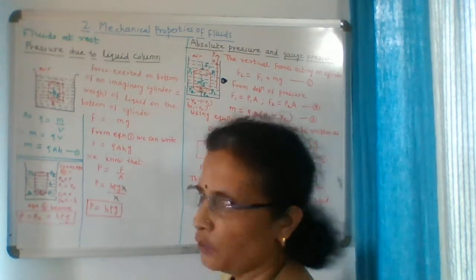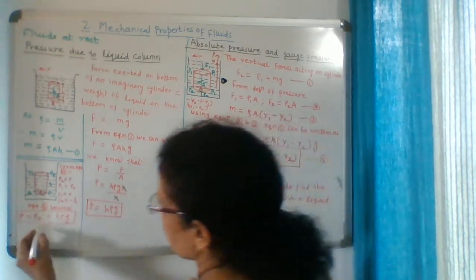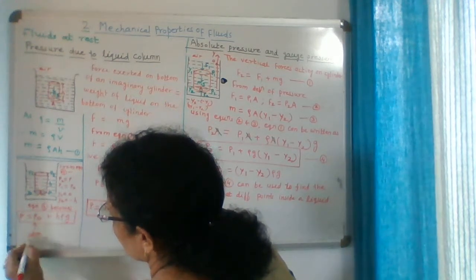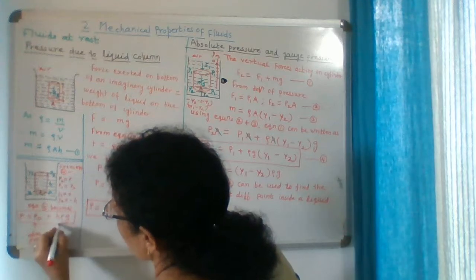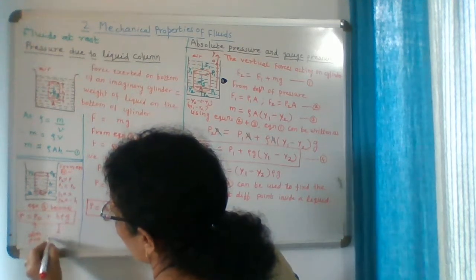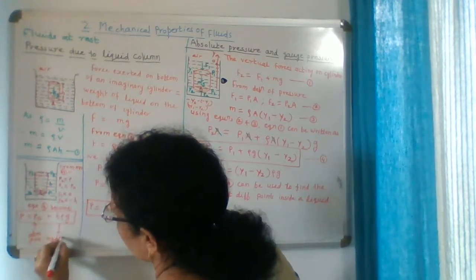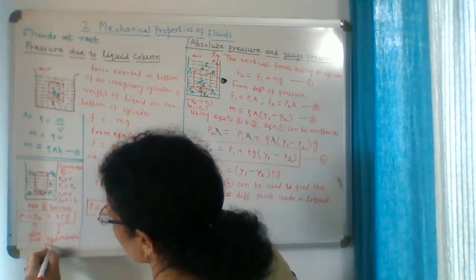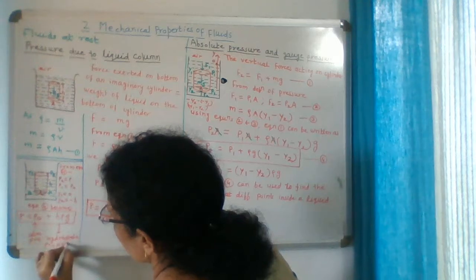This is called the absolute pressure. In the absolute pressure, this represents the atmospheric pressure and this represents the hydrostatic pressure, hydrostatic because the fluid is at rest.